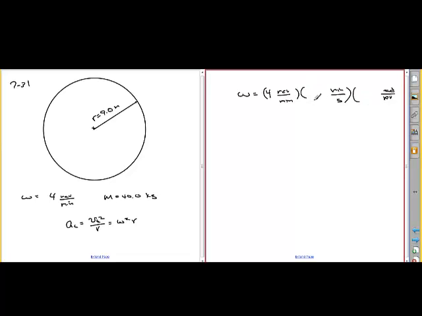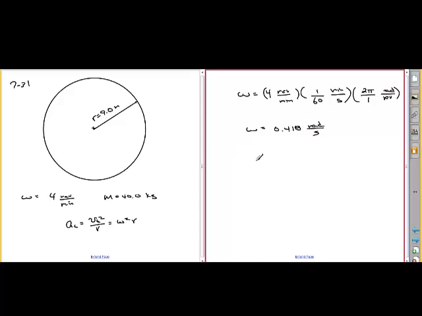So 60 seconds per 1 minute, 2 pi radians per 1 revolution. So what do we get here? 4 times 2 times pi divided by 60 is 0.418 radians per second.